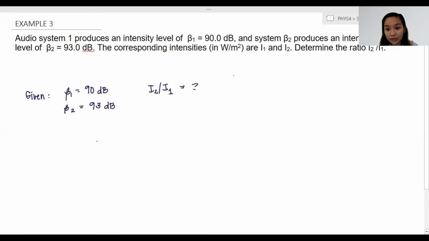So to look for the ratio, the first step is we have to subtract B1 by B2.